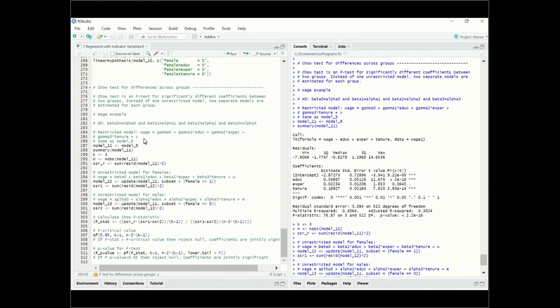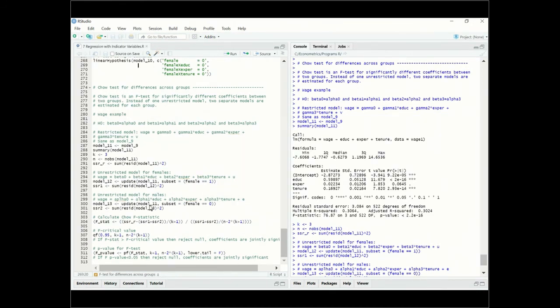Now, we can estimate a model for females and a model for males separately. Okay, so this is the model for females. Notice that we're just updating this one model that we have, the restricted model before, because it doesn't have any interaction terms. So here's the model that we have for females. All we have to do is just subset it for female equals 1. And the model for males would be, we're going to subset this model for males.